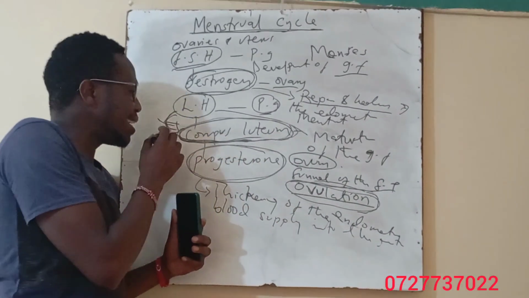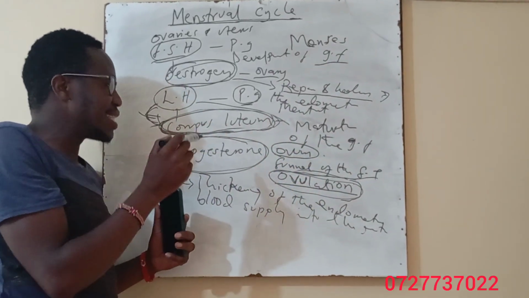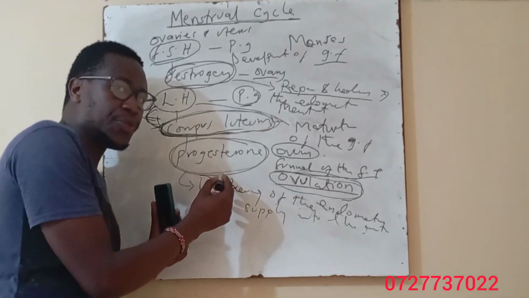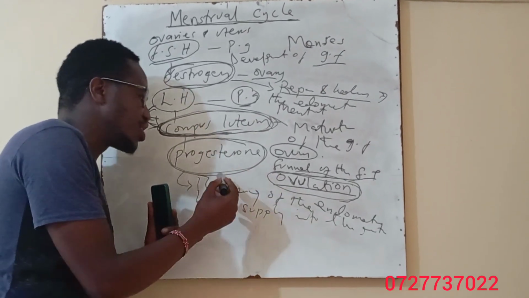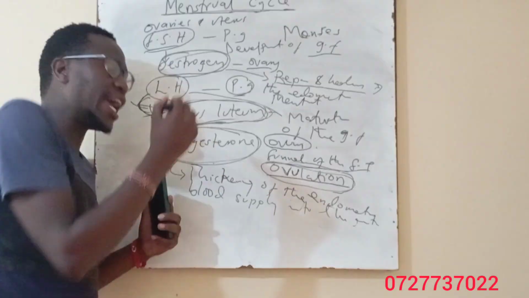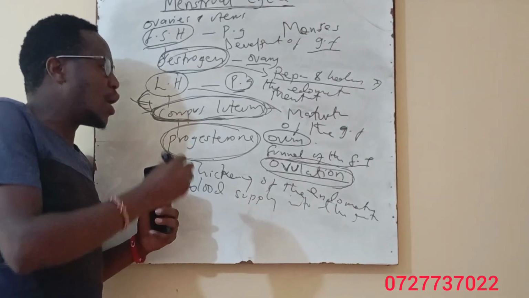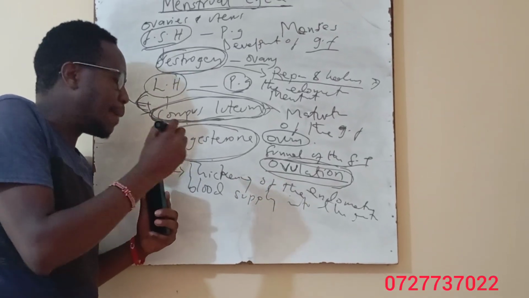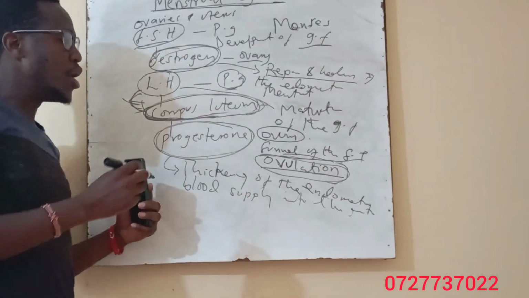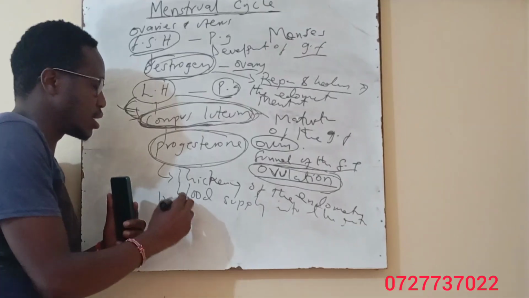Now, the luteinizing hormone stimulates the corpus luteum to release another useful hormone known as progesterone. Progesterone brings about thickening and increased blood supply to the endometrium. This now prepares for the implantation of the blastocyst.